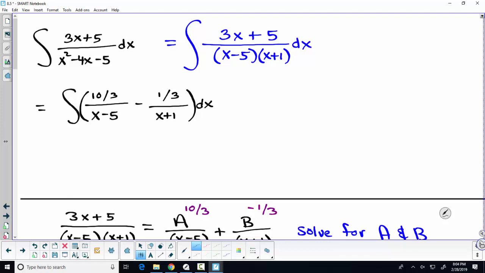What would the antiderivative give us for this? 10 over 3 ln of the absolute value of x minus 5, right, minus 1/3 ln of the absolute value of x plus 1. Yeah. So now both of these terms are in log form. We look at them like this.